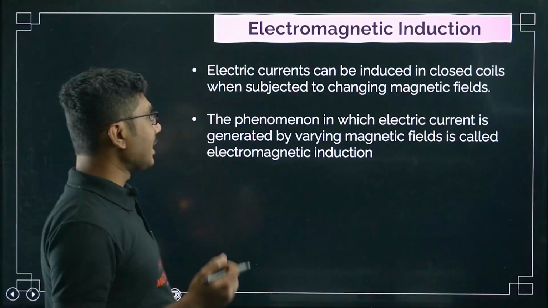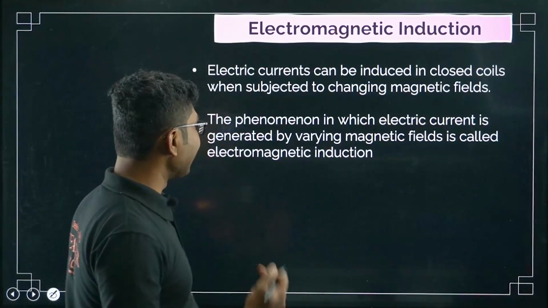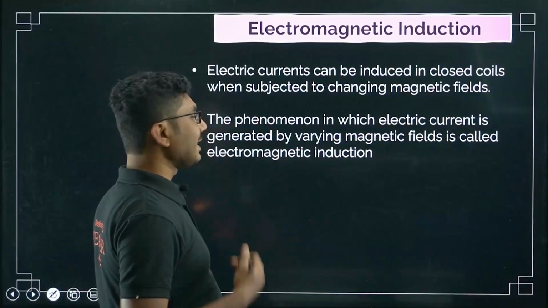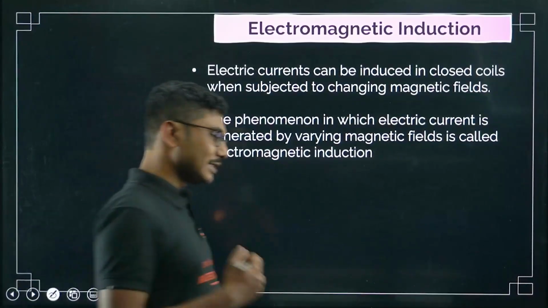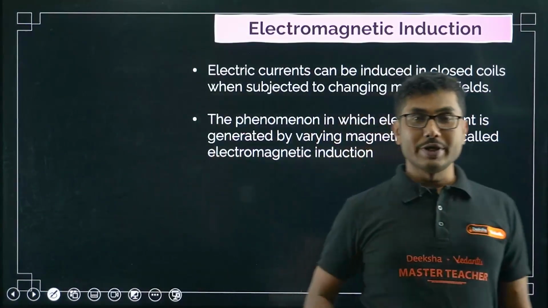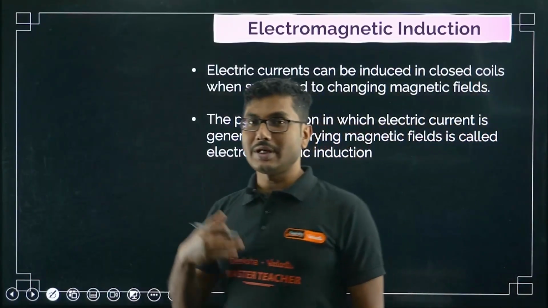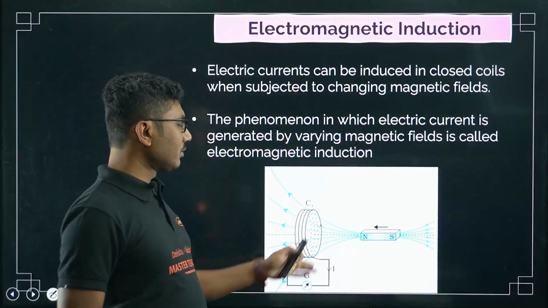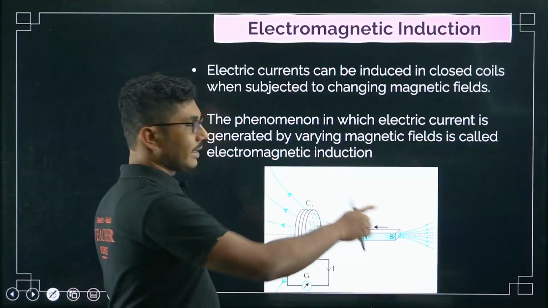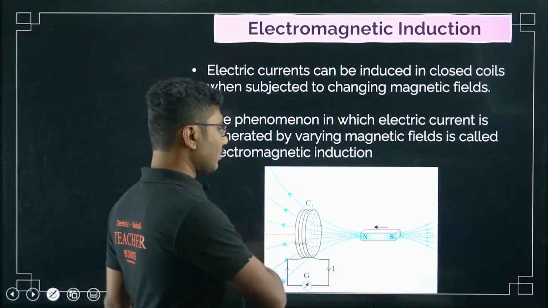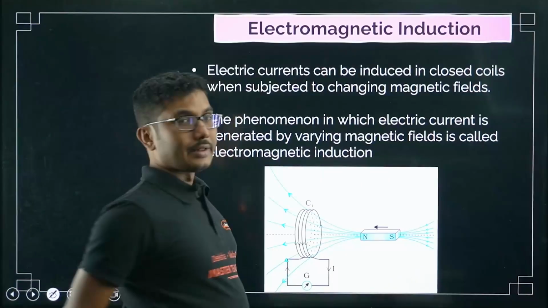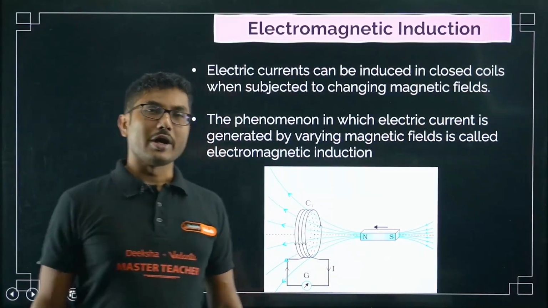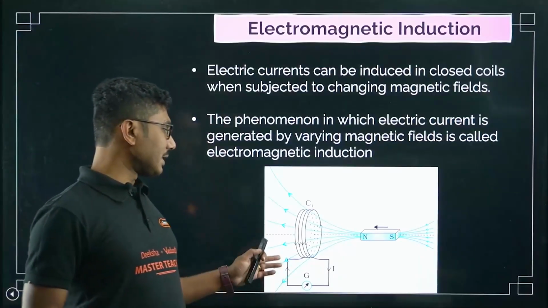The phenomenon in which electric current is generated by a varying magnetic field is called electromagnetic induction. So electromagnetic induction is basically the process through which you are inducing the current, okay? Now if you see, there is a coil through which you are moving a magnet. If you move this magnet through this coil in and out, then the field lines associated with the coil change, and because of that there is an induced current.